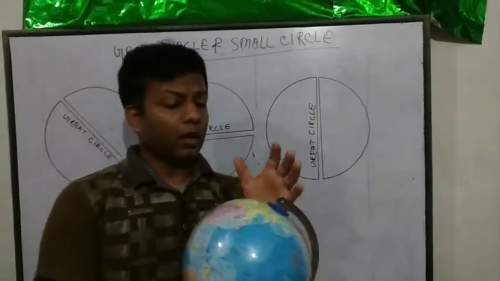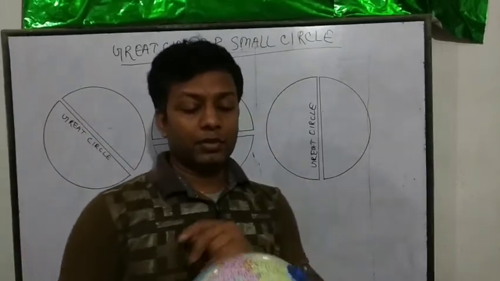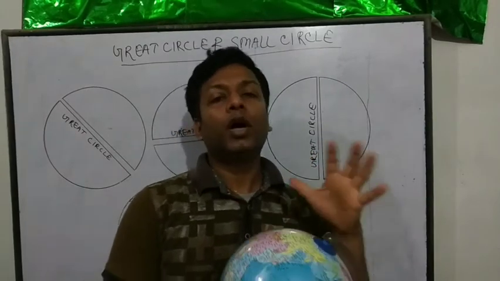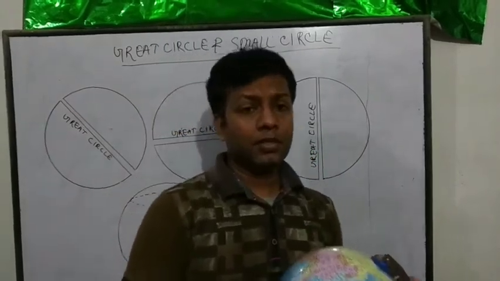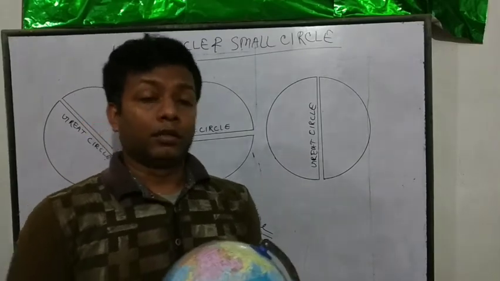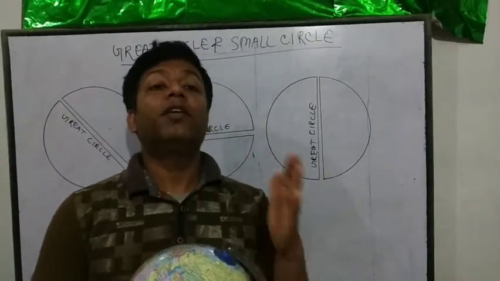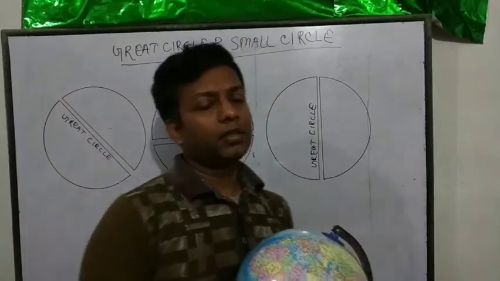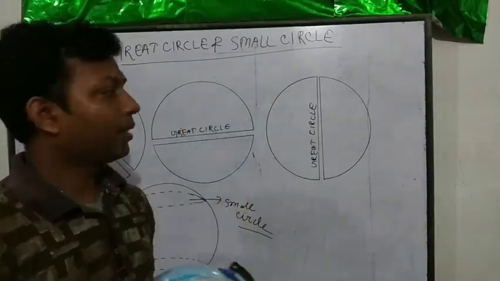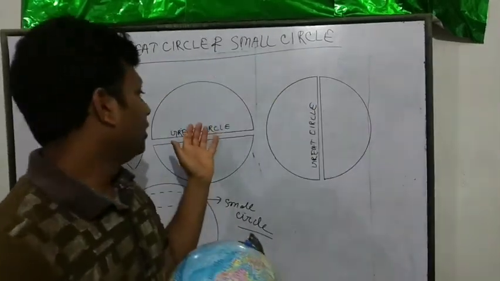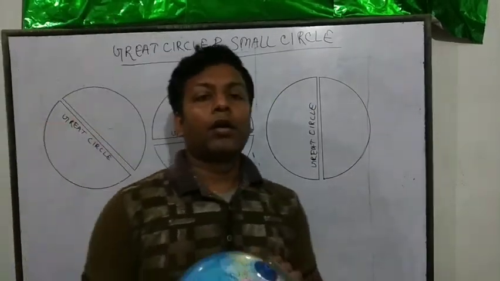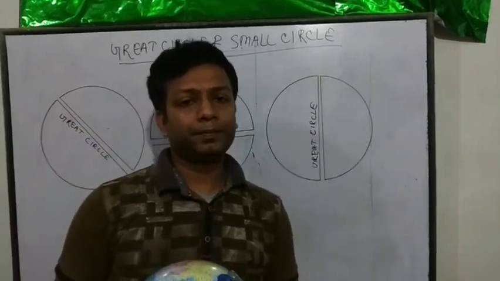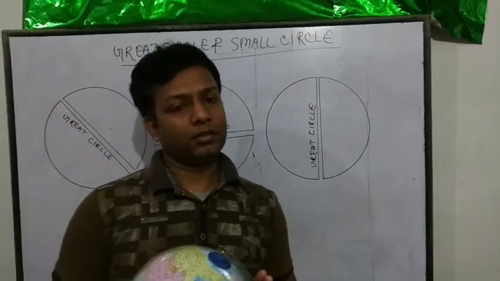Like that to make this complete sphere. So how many times can we cut this earth into two equal halves? The answer is it is infinite. But in your syllabus, there are 3 types. Except the equator, the latitudes are smaller circles.